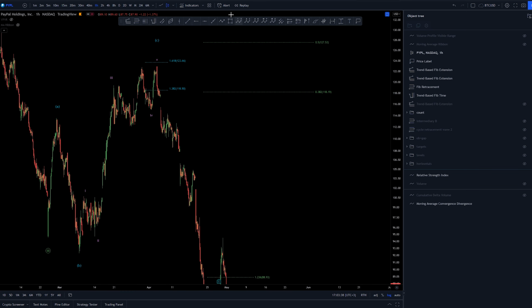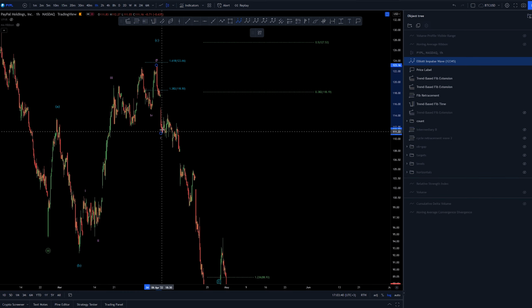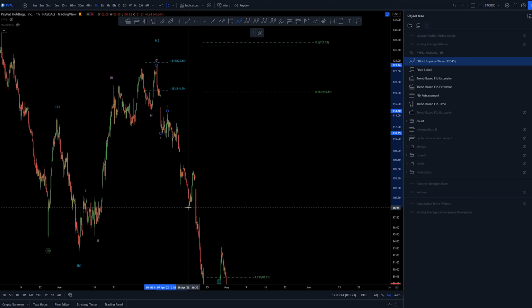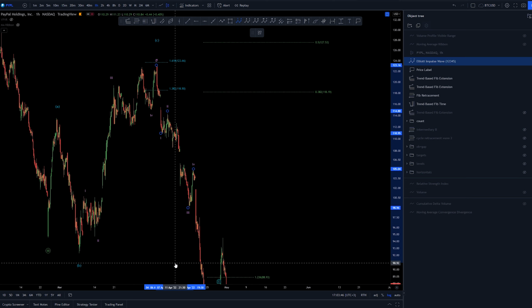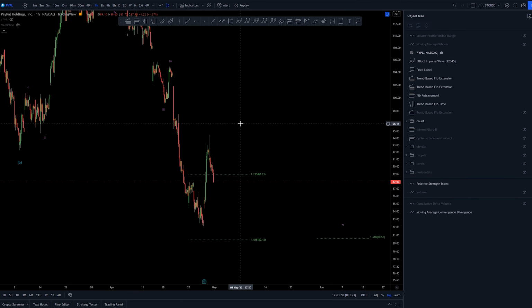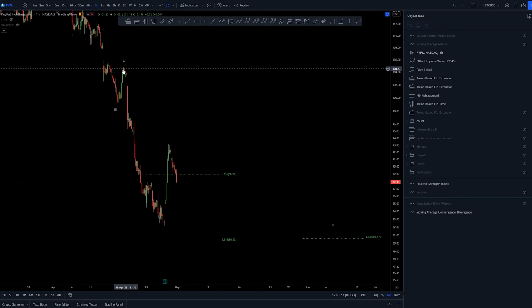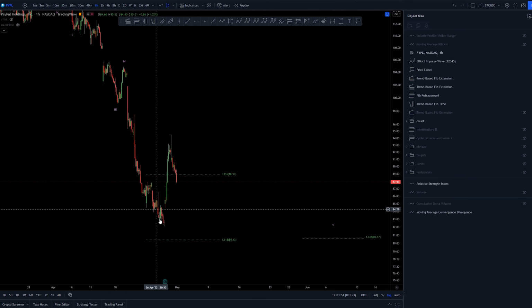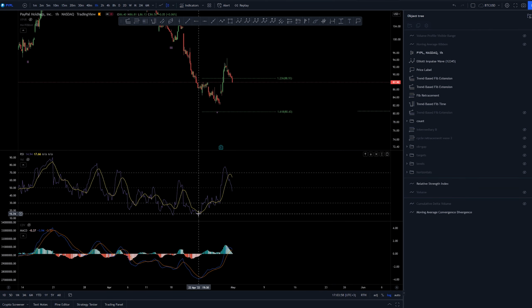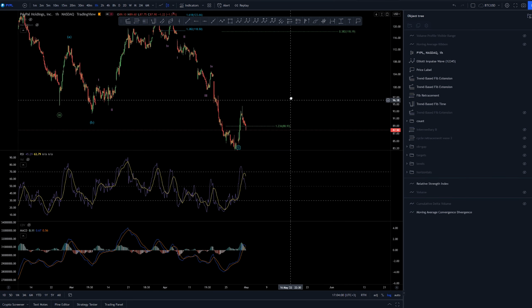So let me label it again. So 1, 2, and this would be lower. 1, 2, 3, 4, 5. So 3, 4, and the 5th would be coming down. Now is the 5th done? It could be done. 1, 2, 3, 4, 5. Do we have divergence here? We do have divergence, so it could be done already.